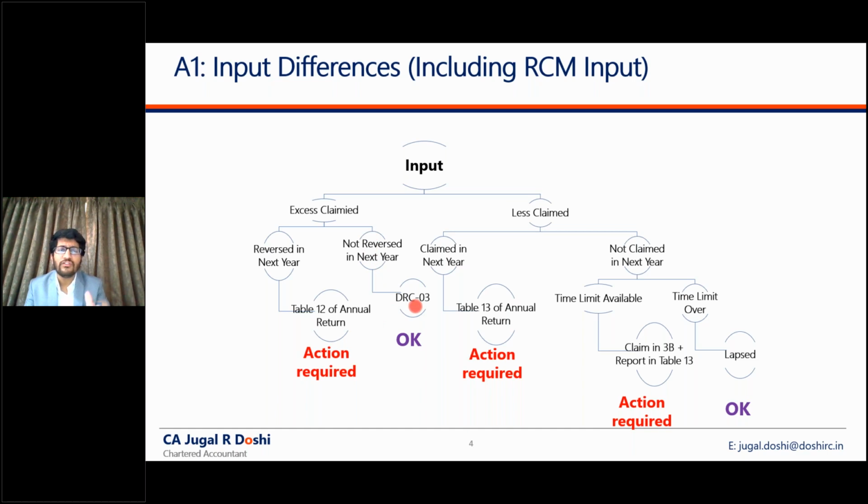So I have reduced this 50,000 in table 6 itself, and the 1 lakh 50,000 which is reversed in the next year is reported in table 12. Alternatively, we can also take a stand to report 10 lakhs only in table 6, if we want to have no reconciliation in GSTR 9C.